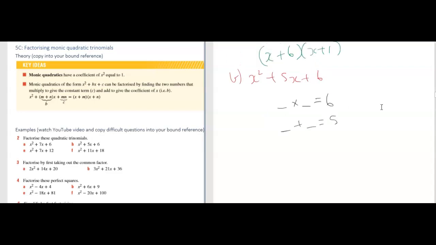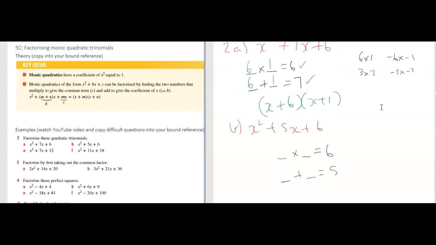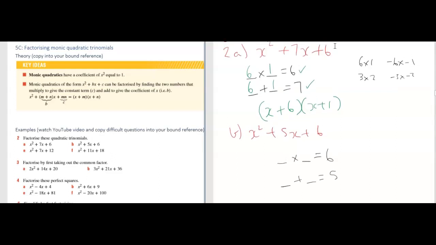We kind of did that before: for 2A the constant was 6, and we've got 6 again. We already used 6 and 1, so let's try 3 and 2.